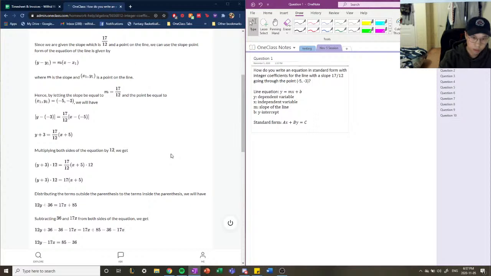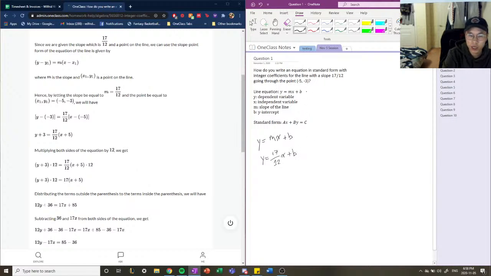So right now we have y equals mx plus b. We're given m, which is 17 over 12. How would we find b?